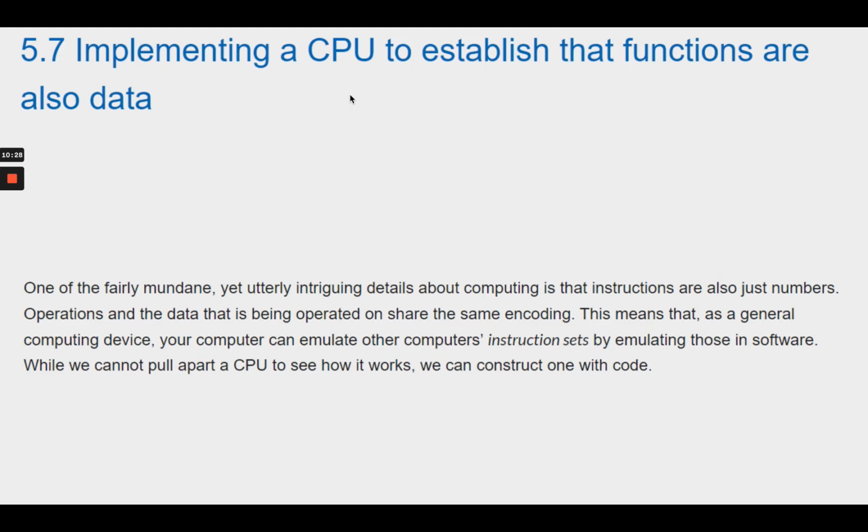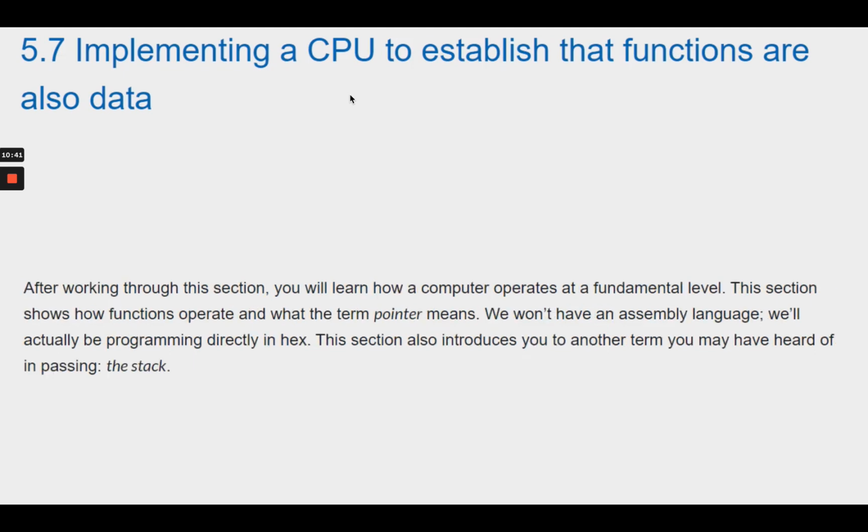This means that, as a general computing device, your computer can emulate other computers' instruction sets by emulating those in software. While we cannot pull apart a CPU to see how it works, we can construct one with code. After working through this section, you will learn how a computer operates at a fundamental level. This section shows how functions operate and what the term pointer means.